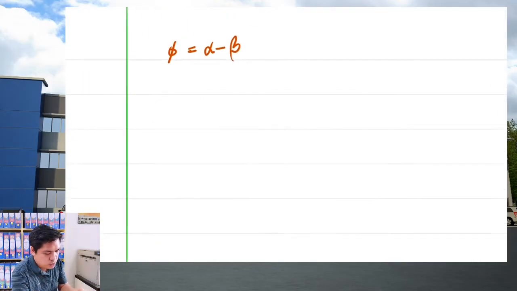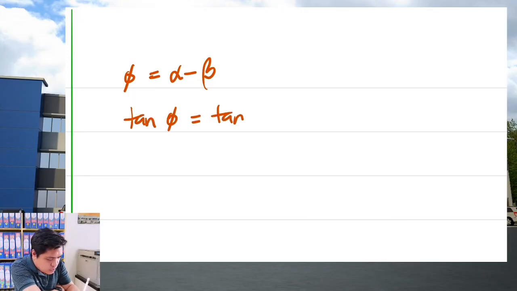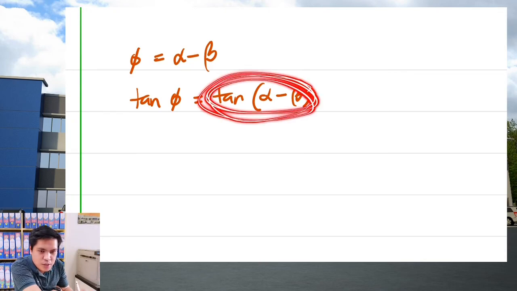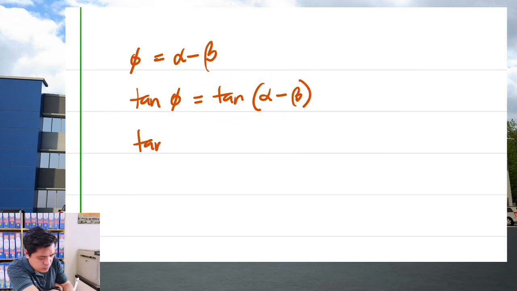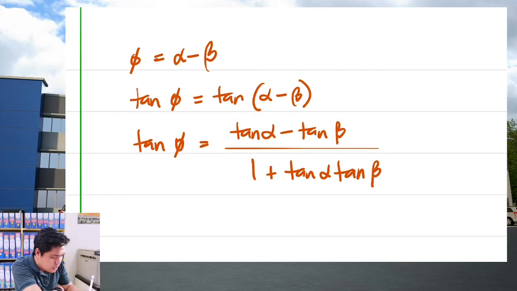Now, what should we do with this? Let us just apply tangent both sides. So, if I apply tangent both sides, that would be tangent phi is equal to tangent of alpha minus beta. And, of course, we know the identity for this. Tapos na tayo sa trigonometry. We know that the tangent of the difference between two angles is just equal to tangent alpha minus tangent beta all over 1 plus tangent alpha tangent beta.